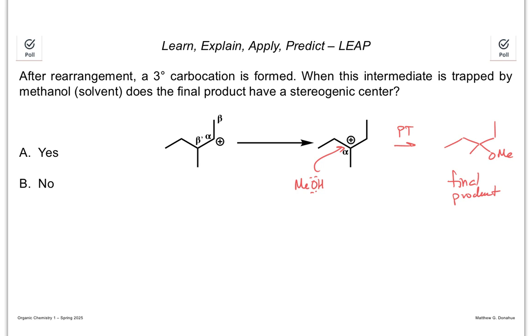See some no's, so the answer is no. The reason for that, this carbon has O-methyl, methyl, and then these ethyl groups here and there are the same. Since they're the same, they're not four unique type of groups. So even though it's drawn with a bond rotation, just recognize that those are the same thing.